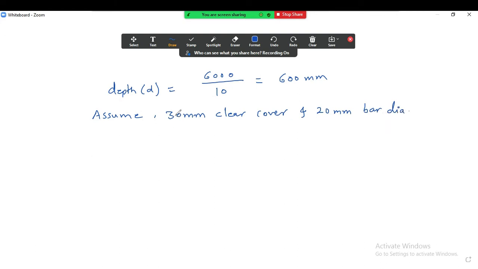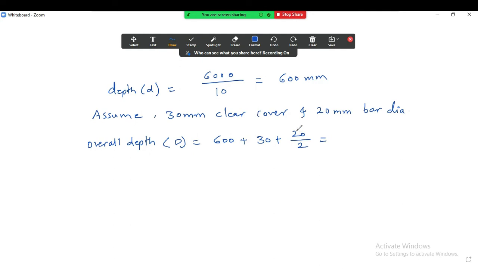Okay, so now what is the overall depth? Overall depth, capital D, is equal to 600 plus 30 plus 20 by 2.